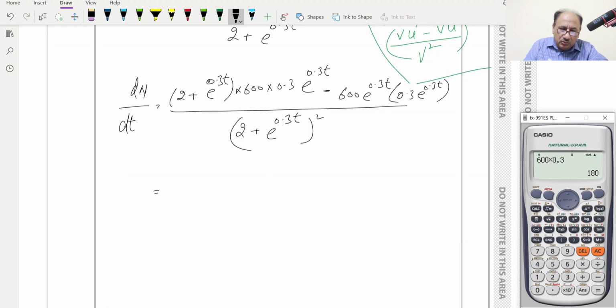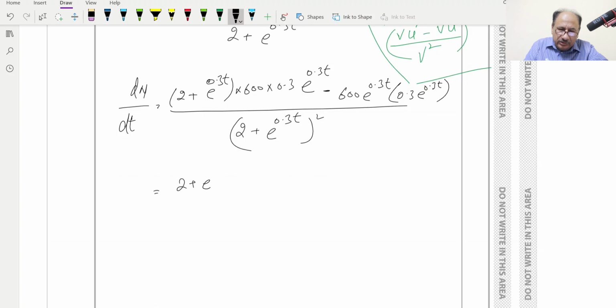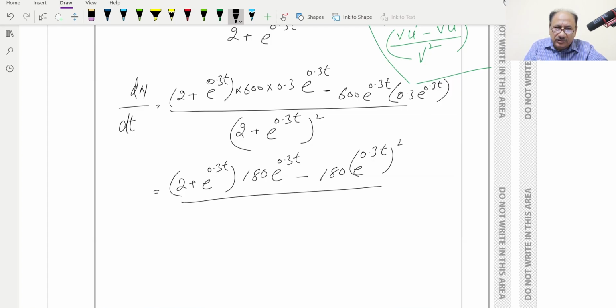600 multiplied by 0.3 will be equal to 180, so this will be 2 plus e raised to the power 0.3t into 180 e raised to the power 0.3t, minus, similarly, 600 into 0.3 will be 180 e raised to the power 0.3t, over the denominator, which will be as it is, 2 plus e raised to the power 0.3t squared.